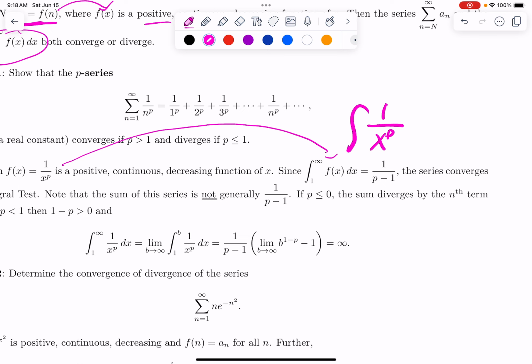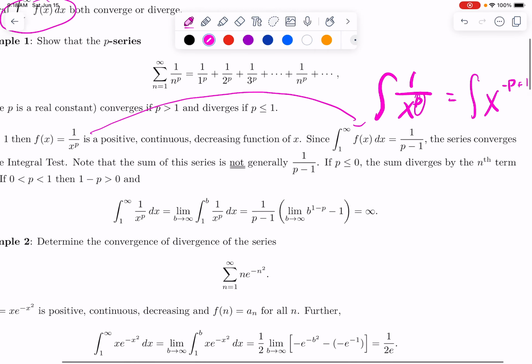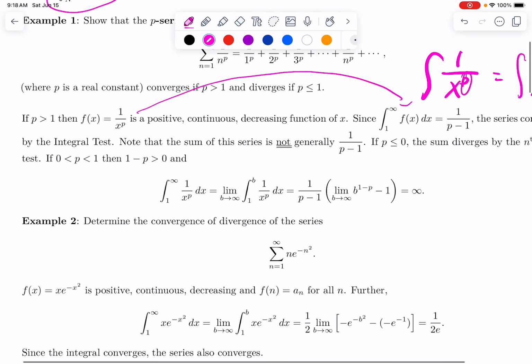Well, in order to find the antiderivative of that, I would say, okay, this p is just a number, so it could be the integral of x to the negative p, and to find the antiderivative, you would just add 1, and then divide by that. Okay, and so therefore the series converges.